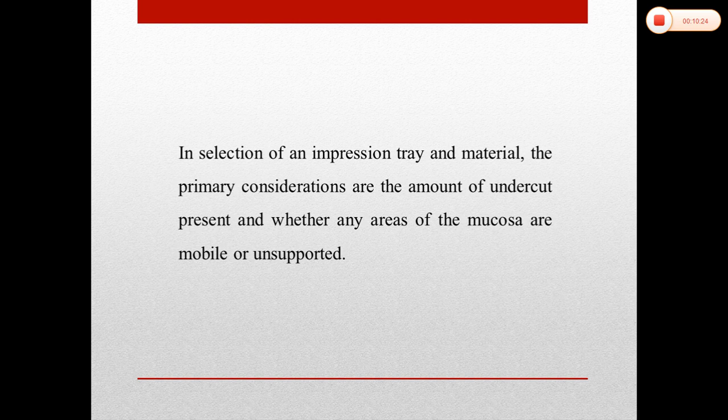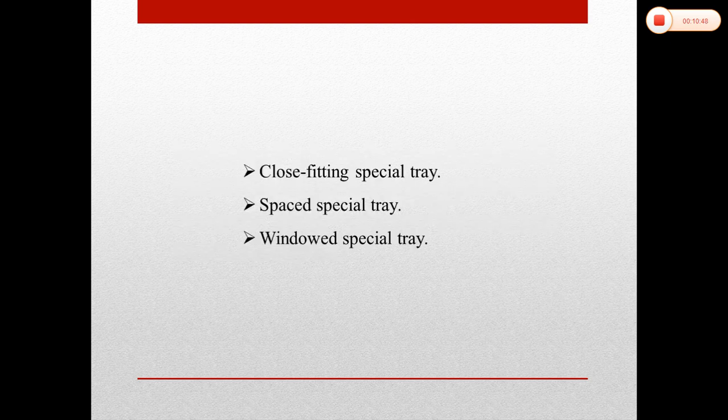So these are the two things we have to keep in mind whenever we are fabricating a special tray for a particular patient. One is the amount of undercut present intraorally, and the other is the type of mucosa on top of the alveolar ridge, whether it is mobile tissue or firm tissue. Depending upon these things, we have three different types of special tray designs.